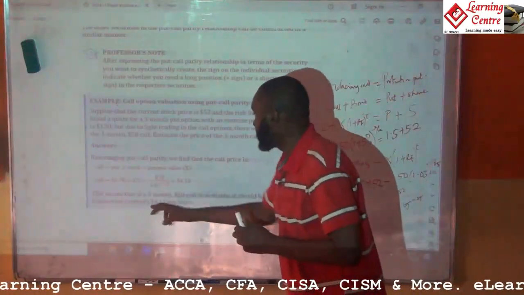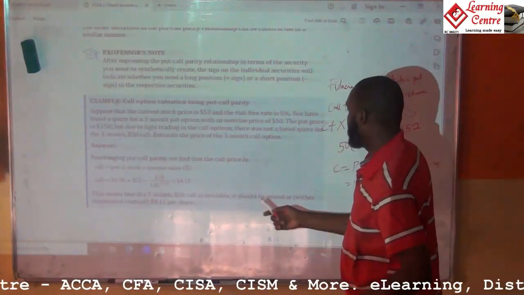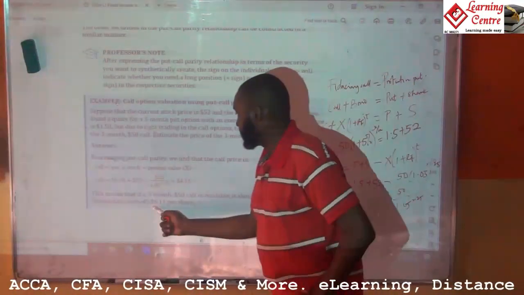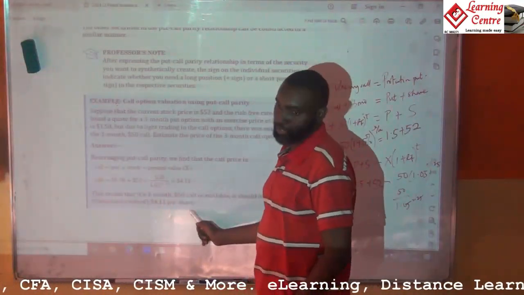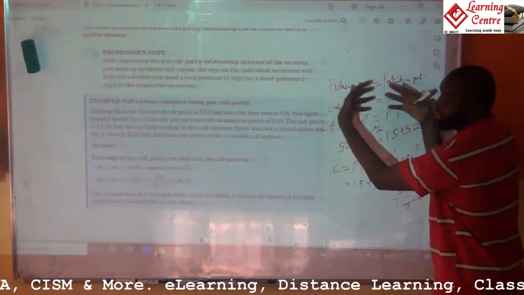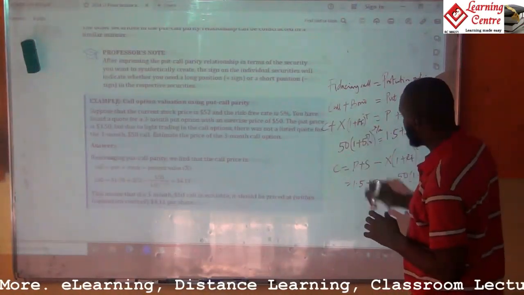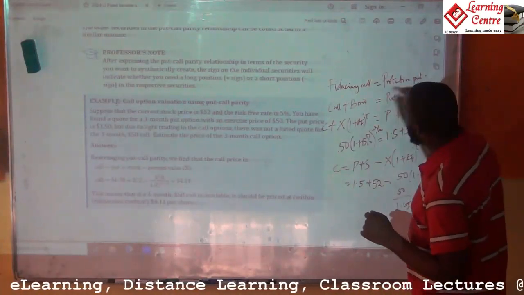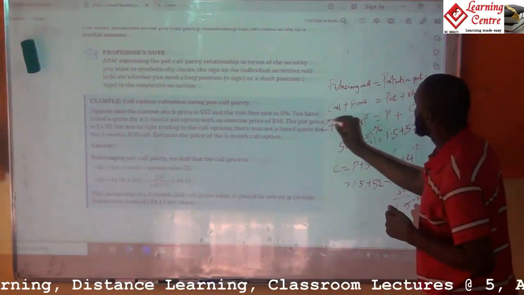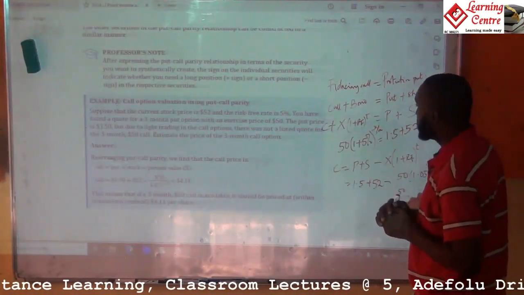So this means that if in 3 months a $50 call is available, it should be priced at 4.11 per share. Because we said everything must be equal.